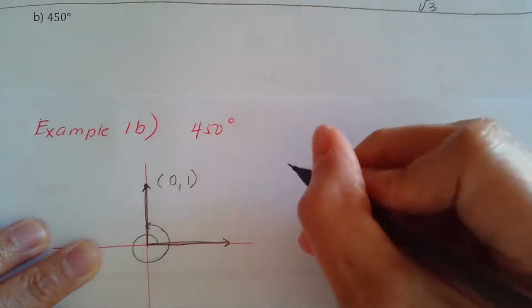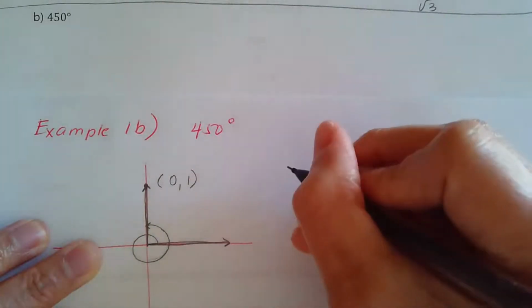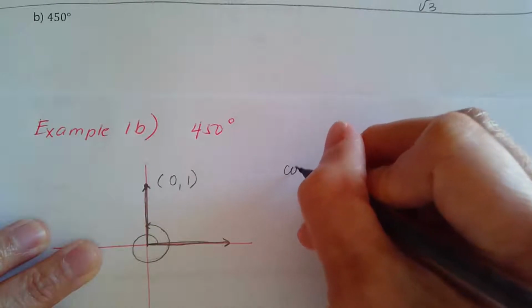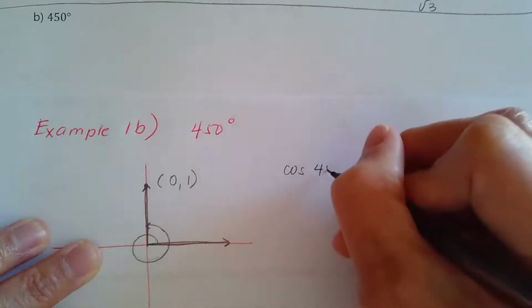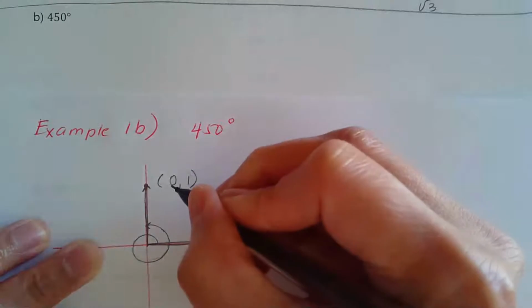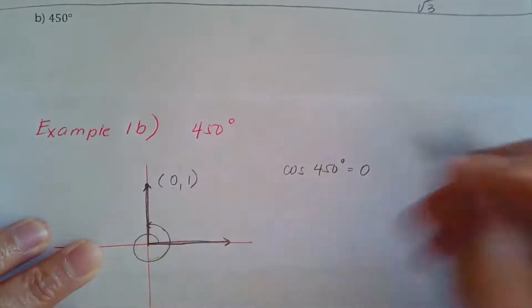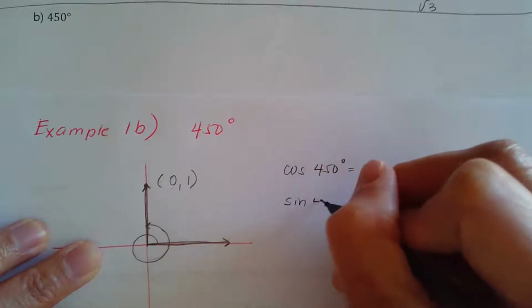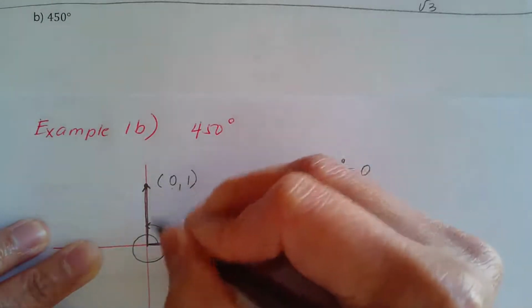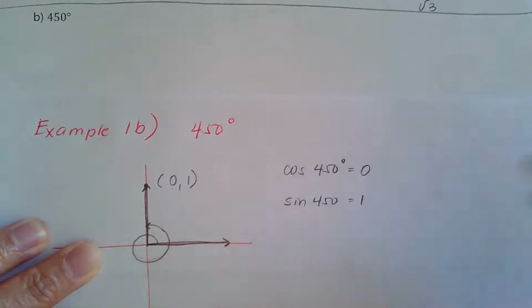So that means cos of 450 degrees is equal to 0, and sine of 450 degrees, that's the y value, which is 1.